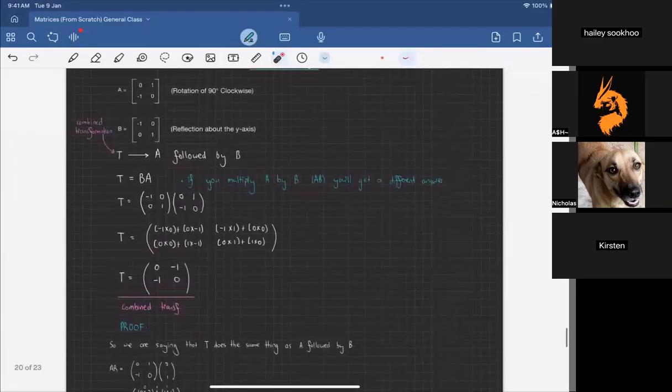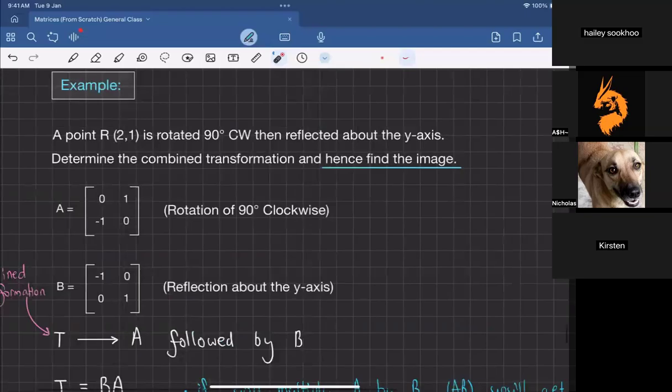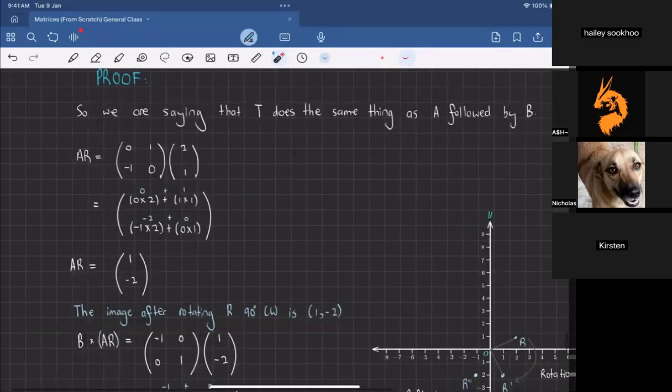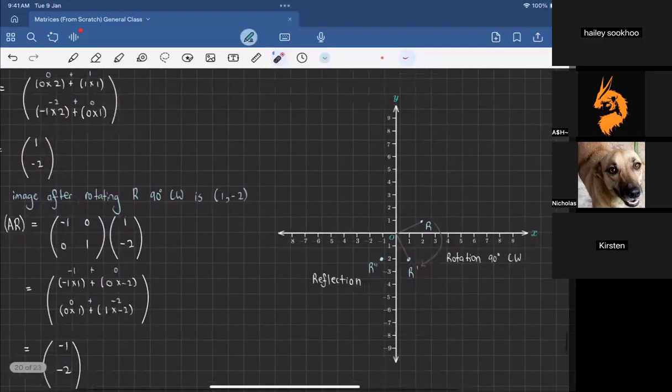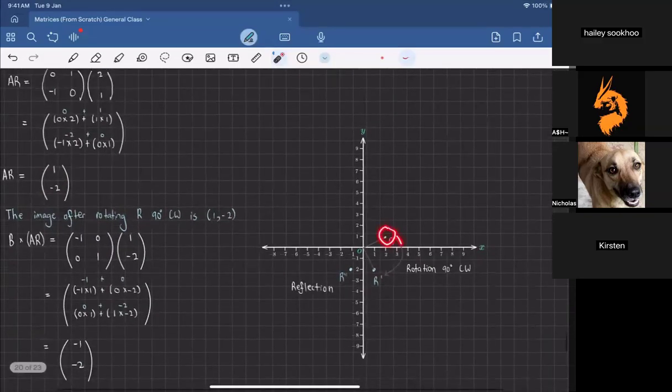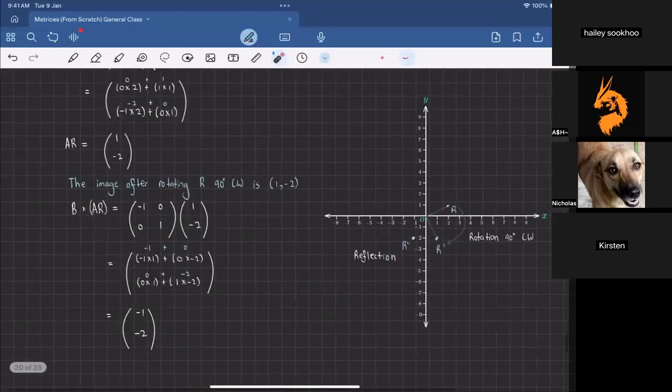You should have it in your notes. Rotating 90 degrees. Right. So this answer we get here is if you take R and you rotate it 90 degrees, as you can see when we plot it, and this looks like you rotated 90 degrees. And after we do that, we then reflect it.